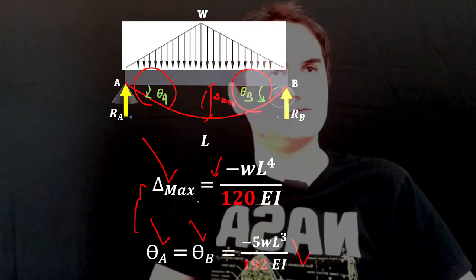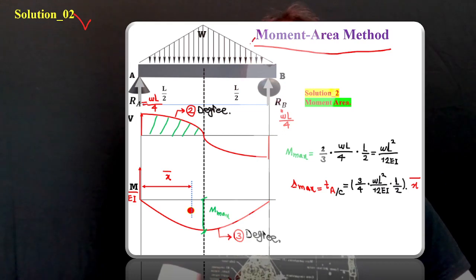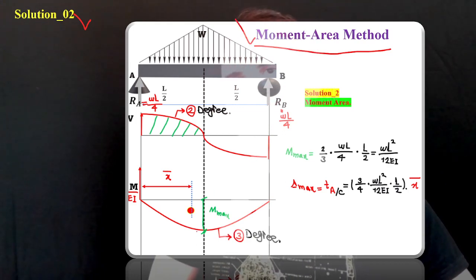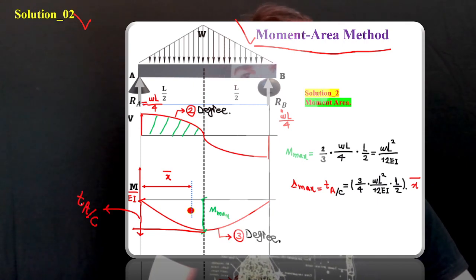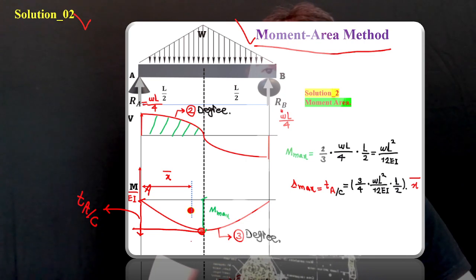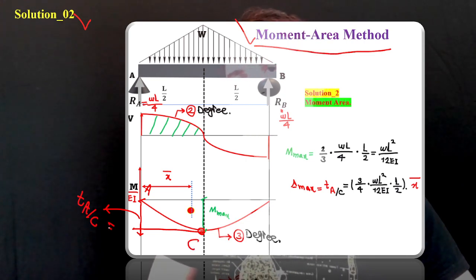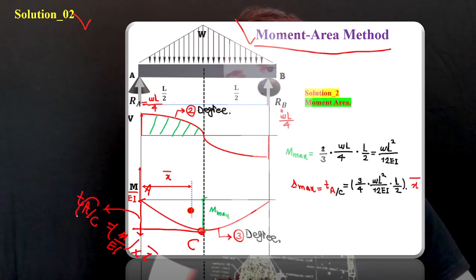You can also solve this problem with the moment area method, so let's jump to solution 2. By the moment area method, the tangential deviation at A with respect to the tangent line drawn from A, relative to a horizontal line from C, is the area under the M over EI diagram times x bar, where x bar is measured from the first point.